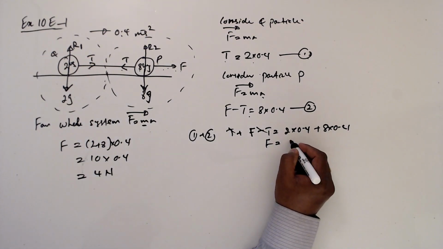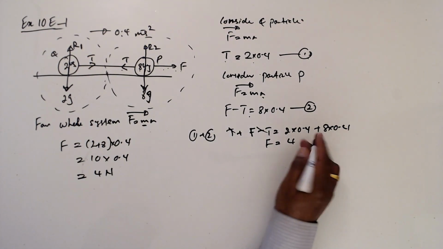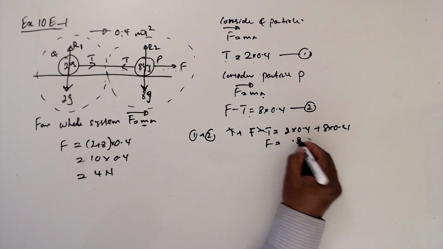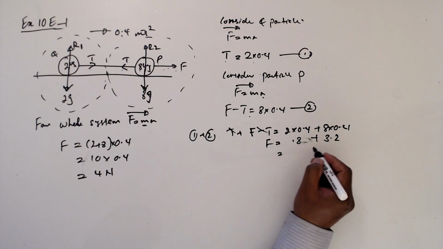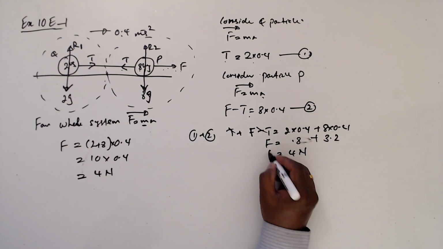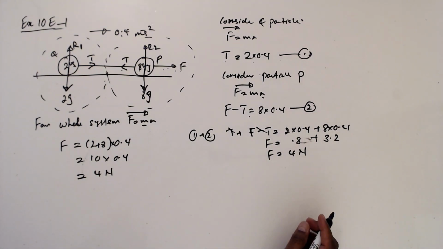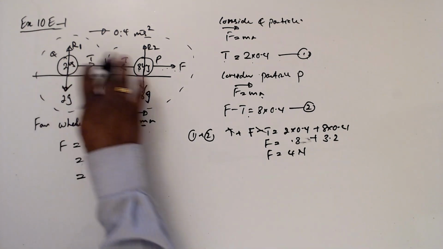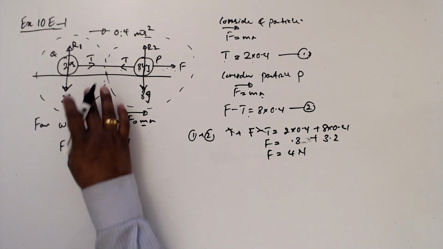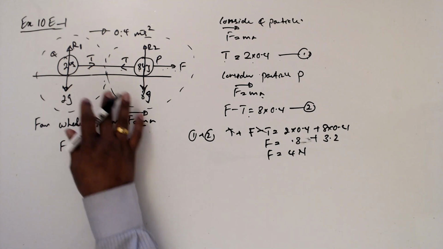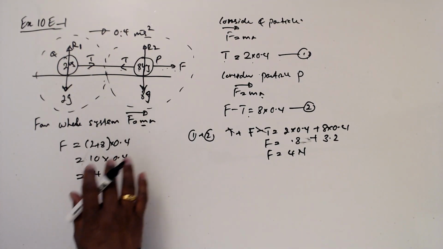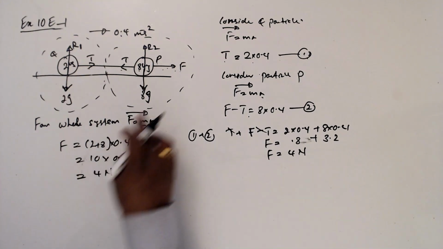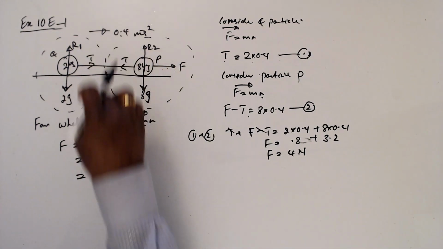So this answer is going to be 4 Newton. This is 0.8 and this is 3.2, and answer is 4 Newton. So when you consider the whole system, as I said, you will not get T, and you can straight find the F, or if F is given, then you can find the acceleration.